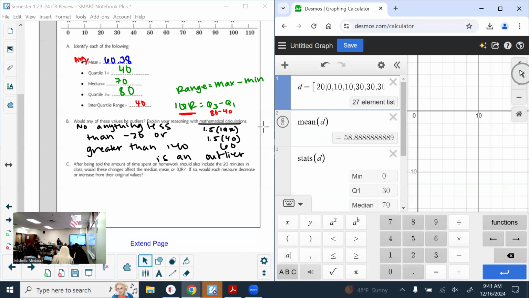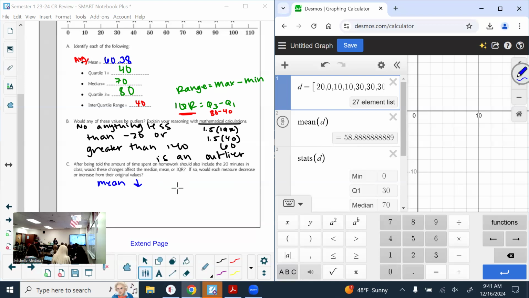And it does change my mean. So you would say, yes, it affects the mean by decreasing it. Please be more descriptive than how I'm doing. Like a decrease. You can even include the value that you want, but that it's a decrease.